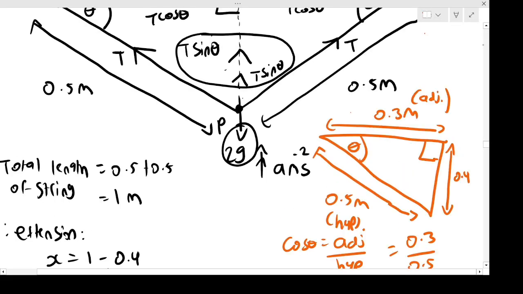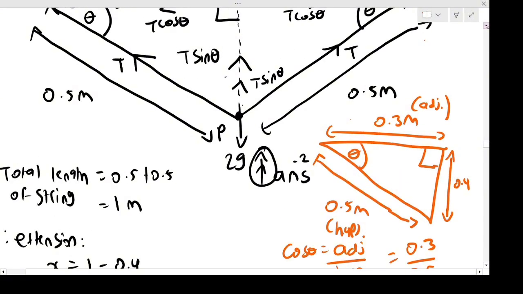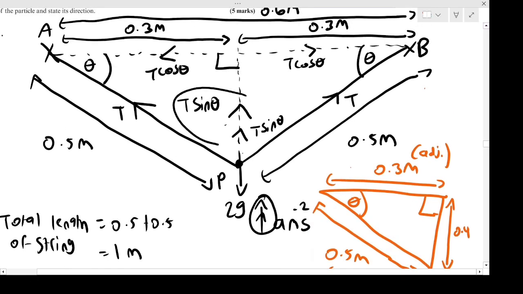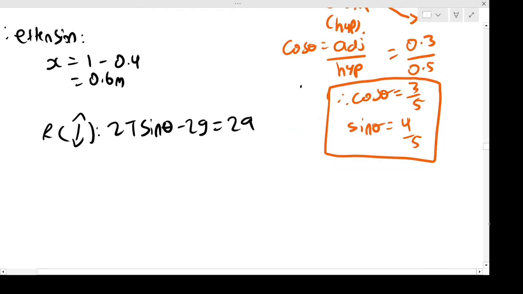Because the acceleration is upwards, I looked at my upward forces, which are these 2 lots of T sine theta, and then I'll take away the downward force of 2g to equal 2a. So hopefully happy with this. Now I know what sine theta is, thanks to SOHCAHTOA here.